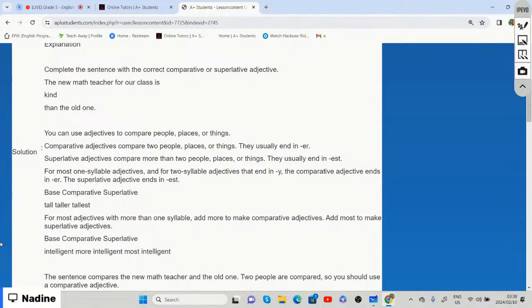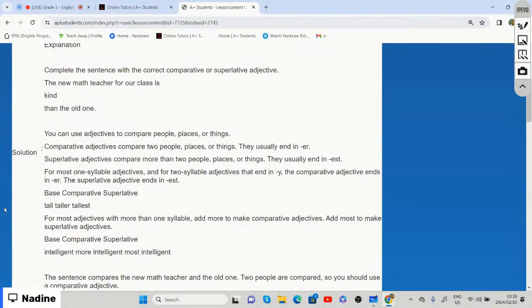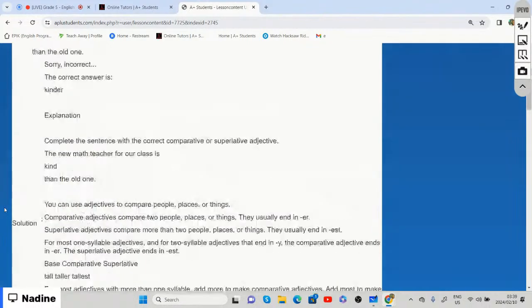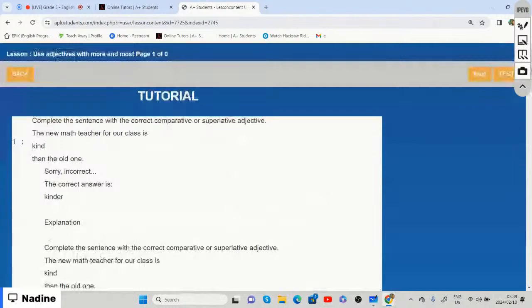So now we're going to use more and we're going to use most, right? And if there's more than one syllable, then we either add more or most to it, or we can just have our base word, our comparative, as well as our superlative adjective, right? Now let's go to our test.